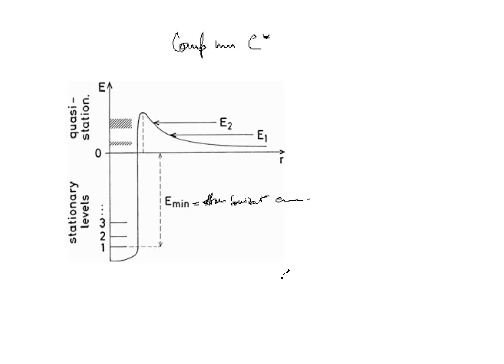So these are basically stationary levels of small energy width gamma, and we can write this gamma as h cross by tau, which you can also get from Heisenberg's uncertainty principle. So these levels basically correspond to the discrete bound atomic states.